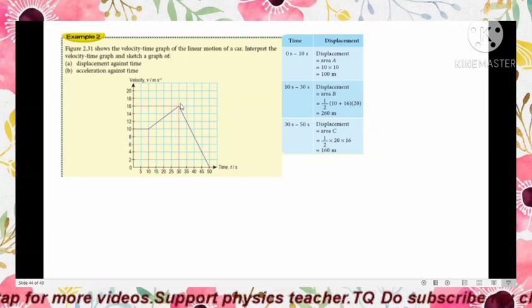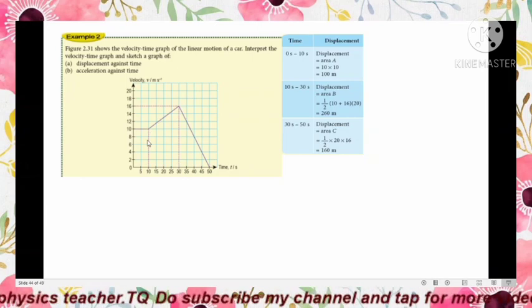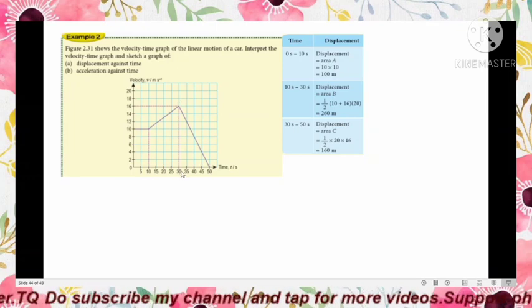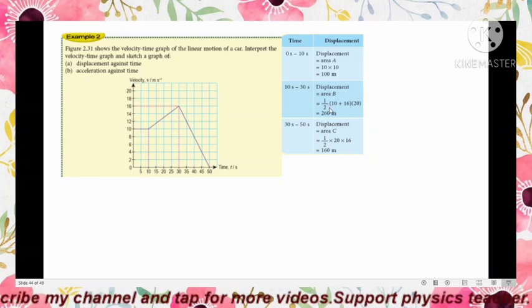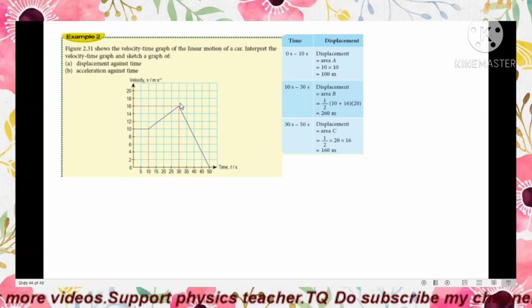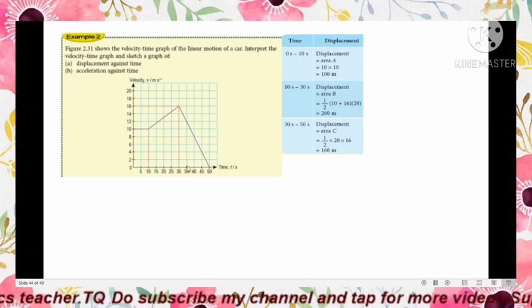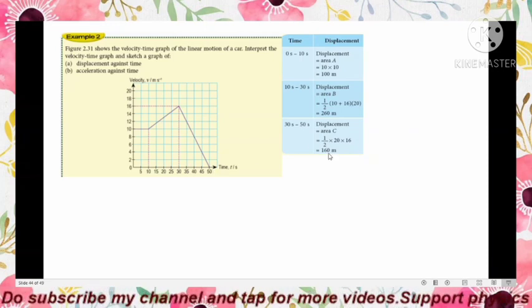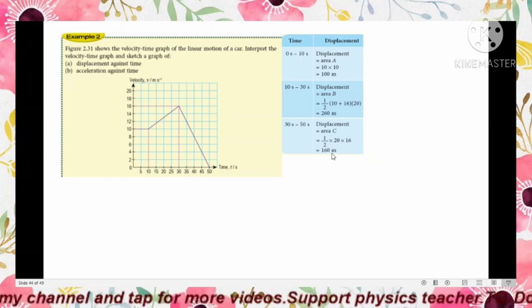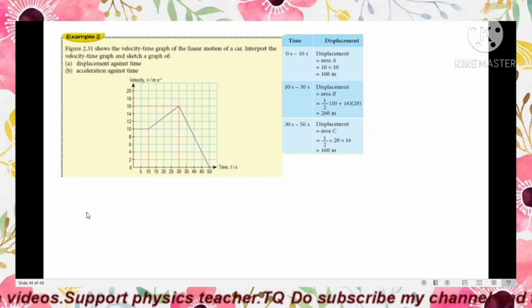From 10 to 30, this is a trapezium, so half times 10 plus 16 times 20. You get 260 meter. Then 30 to 50 is half times 16 times 20, so you get 160 meter. Okay, so you have all the values of displacement. Now we want to sketch a graph.